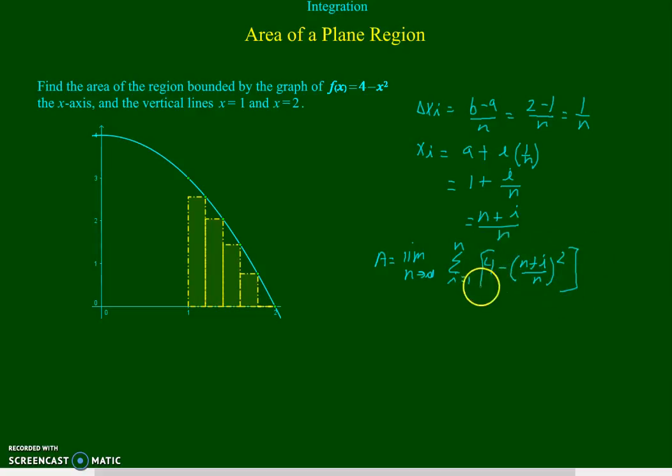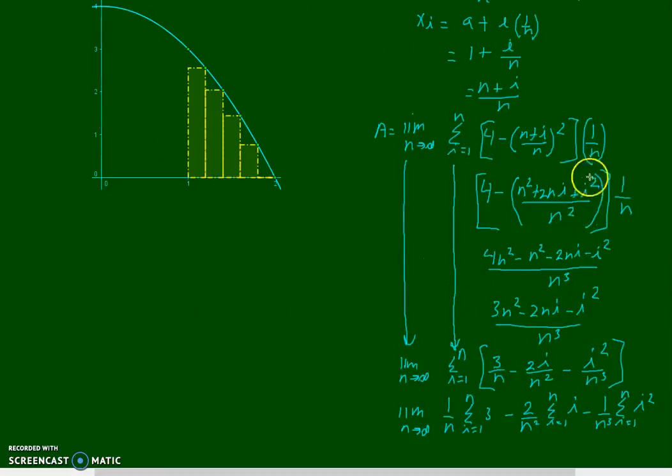That whole thing times our delta x sub i, which is 1 over n. Let's go ahead and work this out. So quickly working through this algebra, I just expanded this quadratic: n squared plus 2ni plus i squared is the top term, n squared is the bottom term.